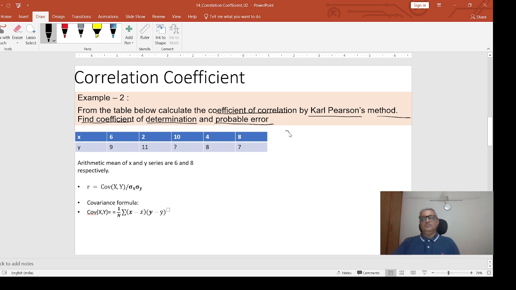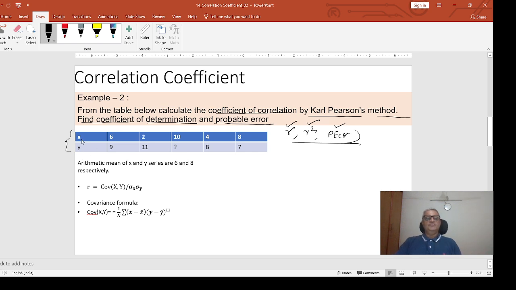So we are expected to find r, r square, and PER. This is my coefficient of correlation, this is my coefficient of determination, and this is the probable error.